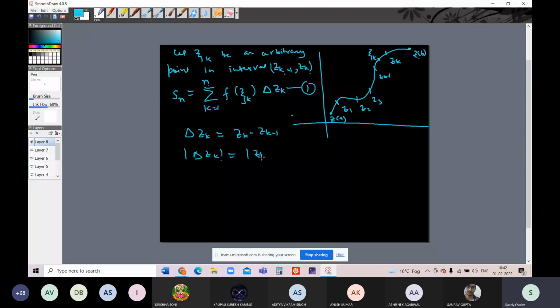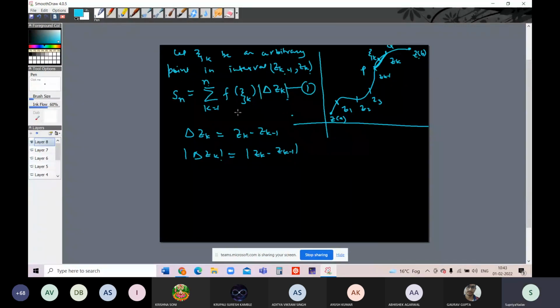it will be the mod of jk minus 1 and jk. Say that this is the point p, this is q. So when we are saying delta jk, it is this chord pq. This is the chord pq. Okay, so it will be the length of this delta jk. Okay, here we should write mod jk.